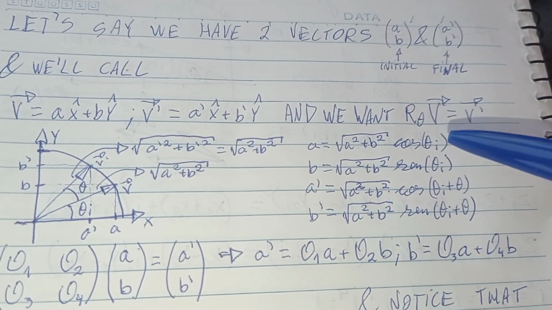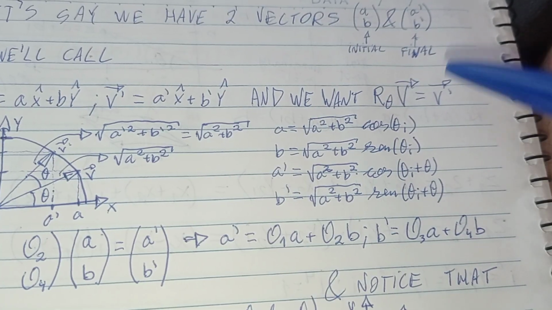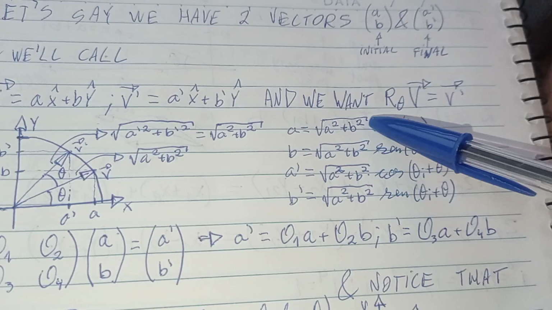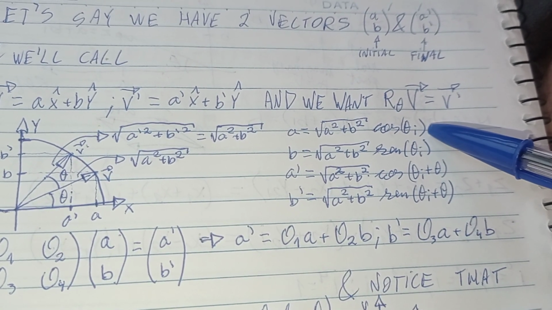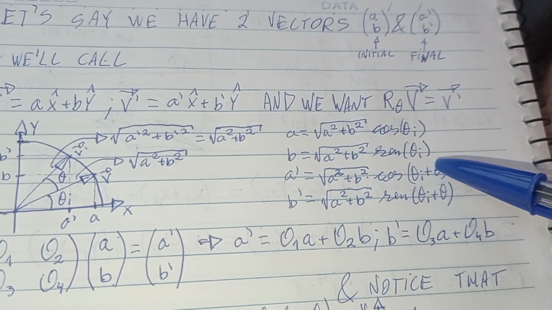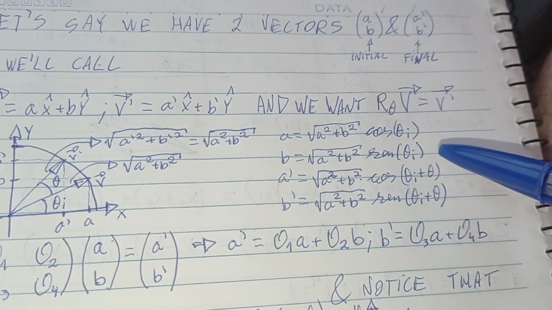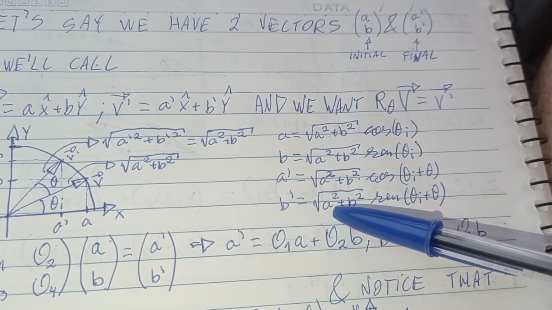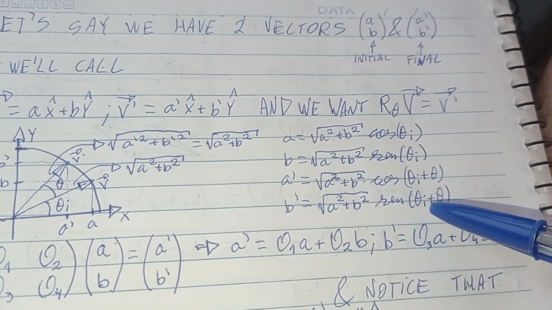With that in mind, and projecting each and every size that we're interested in, a is going to be the square root of a square plus b square times cosine of theta I. B is going to be the square root of a square plus b square times sine of theta I. A prime is going to be the square root of a square plus b square times cosine of theta I plus theta. And b prime is going to be the square root of a square plus b square times sine of theta I plus theta.